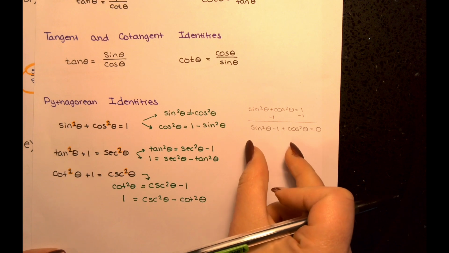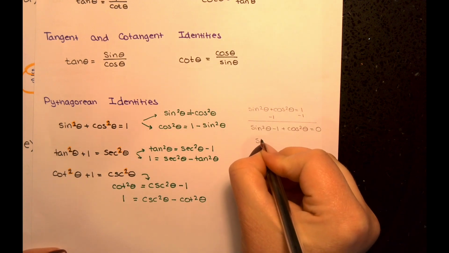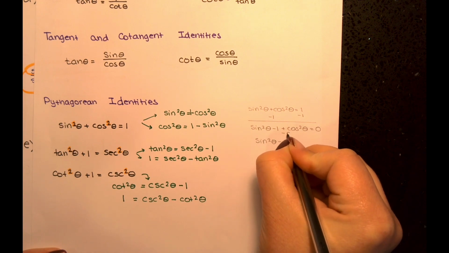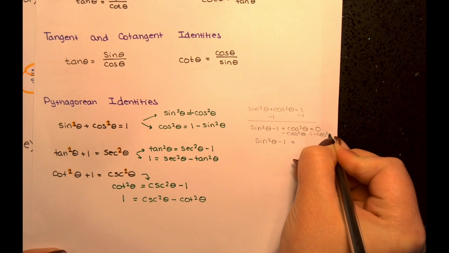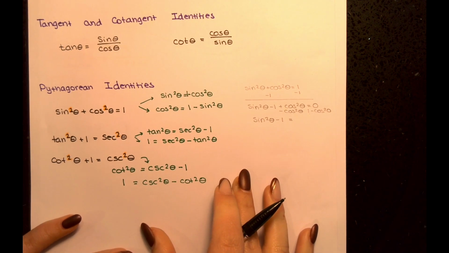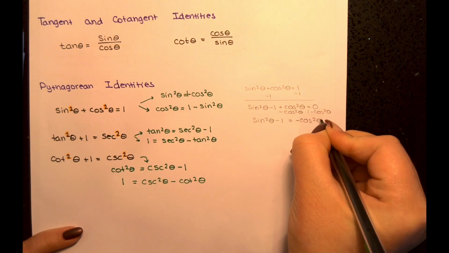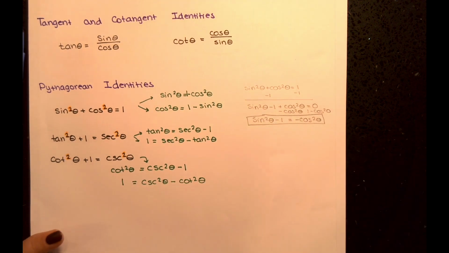So I get my sine squared of theta minus 1, but I need to get rid of this cosine now. So sine squared of theta minus 1 is equal to, I'm going to subtract cosine squared of theta from both sides. So I get negative cosine squared of theta as my answer for sine squared of theta minus 1.